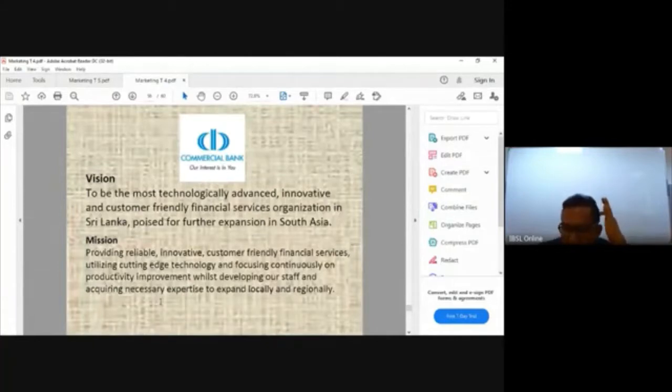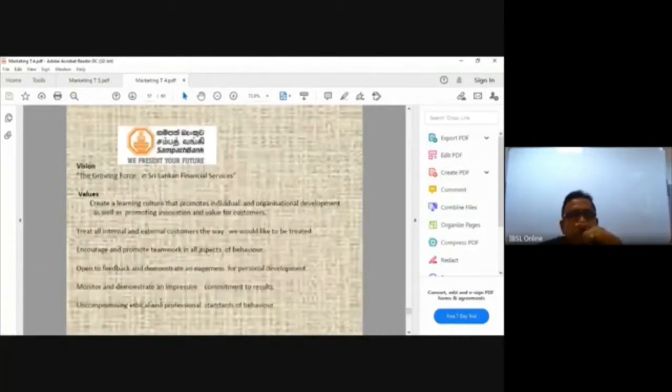Then Sampath Bank, a growing force in Sri Lankan financial services: create a learning culture that promotes individual and organizational development, as well as promoting innovations and value for customers. Again, treat all internal and external customers the way we would like to be treated. Encourage and promote teamwork.